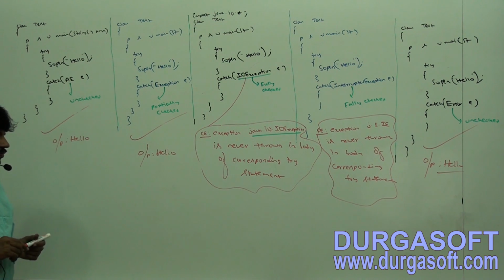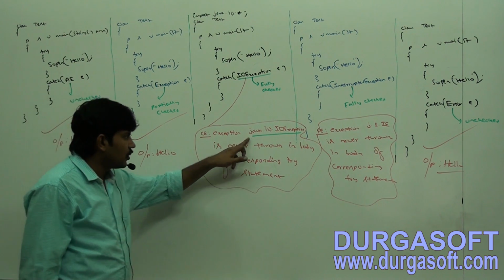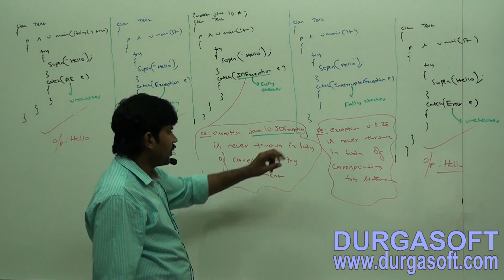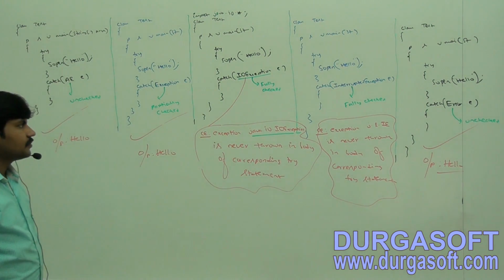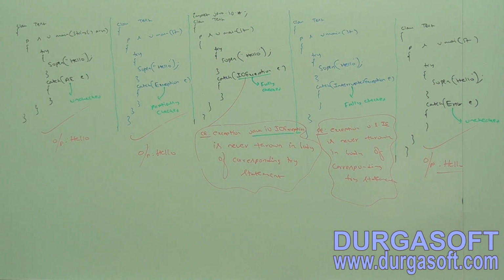Completed, I hope. Exception java.io.IOException is never thrown in body of corresponding try statement. Catch InterruptedException, fully checked exception.